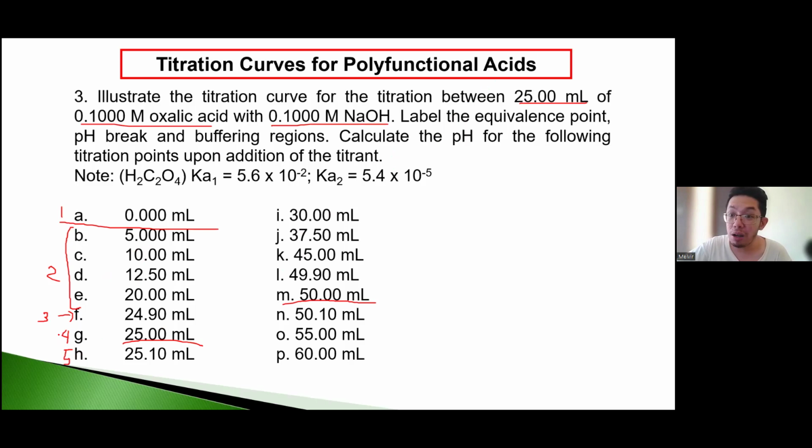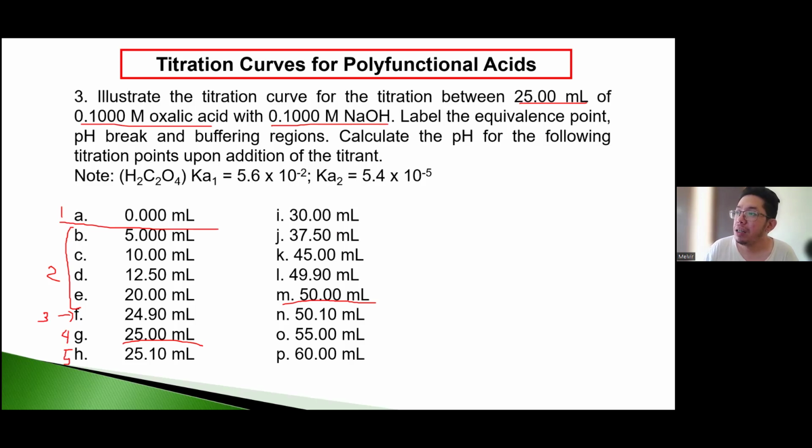That's the concept for F and H. Because we cannot easily assume, oh, it's also a buffer, sir. Why can't we use the Henderson-Hasselbalch equation or the usual equilibrium method? You can't assume that because the concentration of one of the components of your buffer will be really, really small, so you'll have erroneous results if you use that.